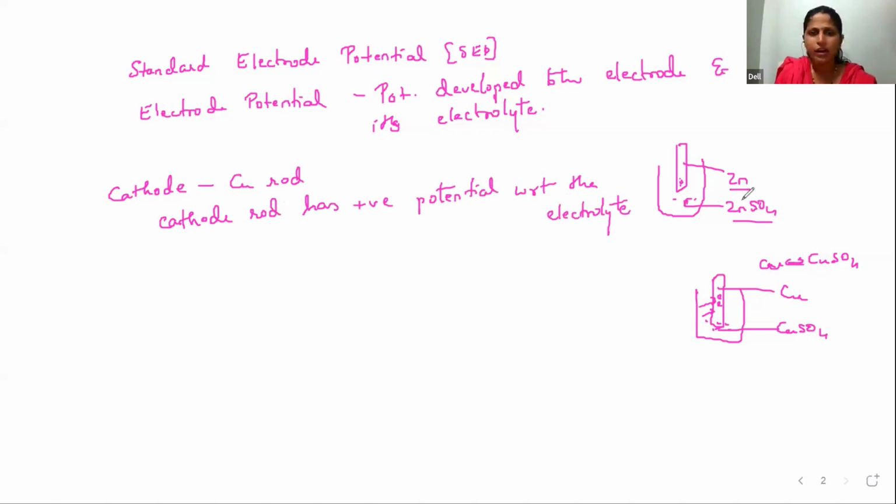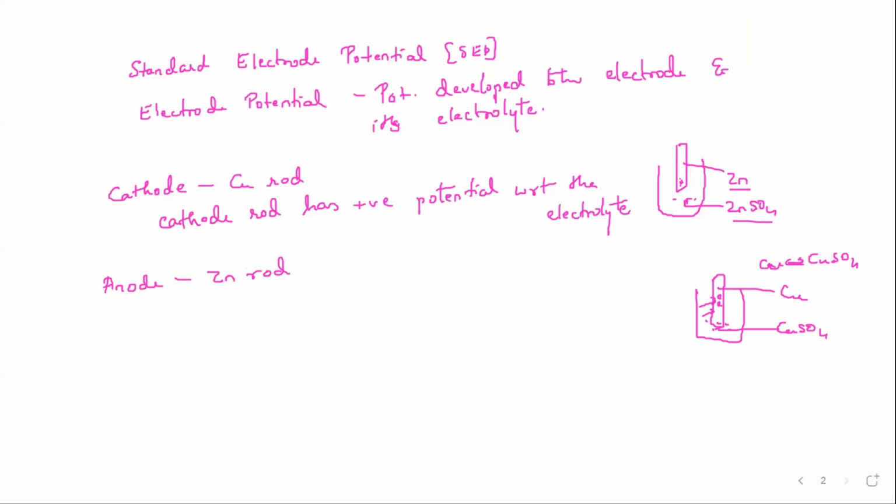Come back to the zinc rod. Now let's talk about the anode. At the anode there is the zinc rod. Zinc is losing electrons and forming Zn plus 2 ions.